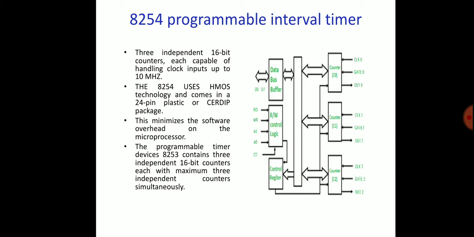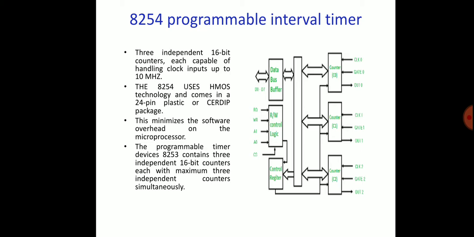And then the read and write logic block accepts the input from the system bus and generates control signals for the other functional blocks of 8254. A1 and A0 select one of the 3 counters or the control word register to be read from or written into by the processor.